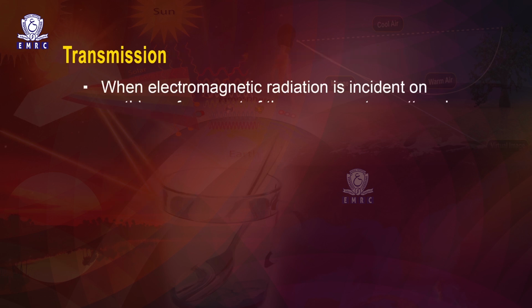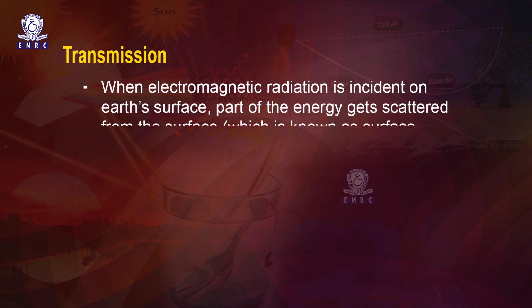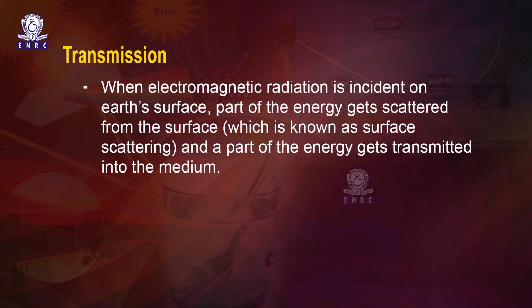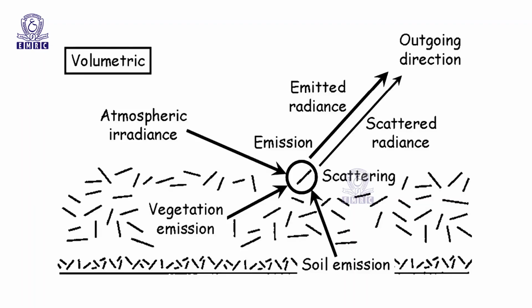Transmission. When electromagnetic radiation is incident on the earth's surface, part of the energy gets scattered from the surface, which is known as surface scattering, and a part of the energy gets transmitted into the medium. In homogeneous materials, the radiation is simply transmitted, but in inhomogeneous materials, the transmitted radiation gets further scattered, which is known as volume scattering.